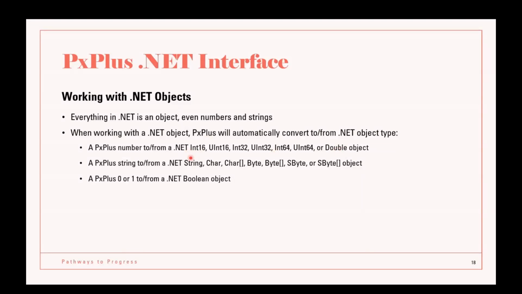So different sizes of integers and unsigned integers, and double for numeric. For strings, there's the string object itself, but you can also have a single char object or an array of chars, a byte, an array of bytes, signed byte or array of signed bytes. And booleans are converted to either a 0 or a 1. 0 for false, 1 for true.